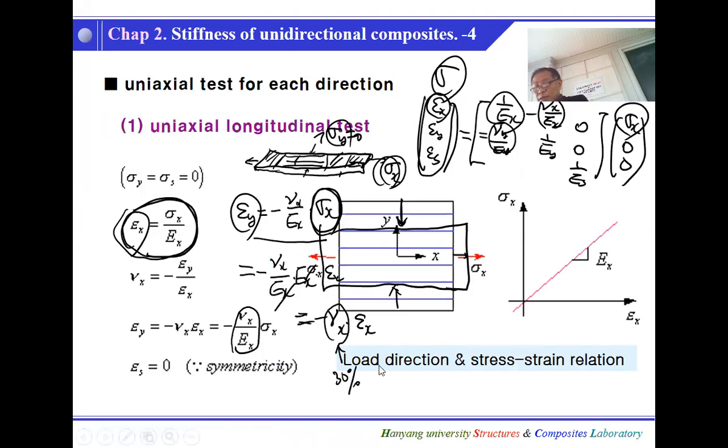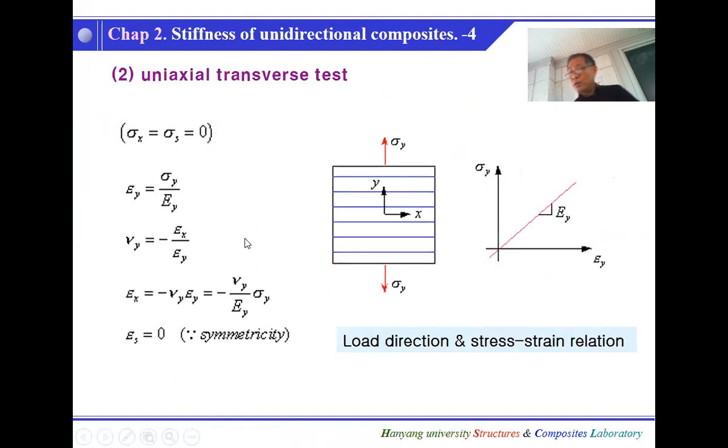Okay, so this is the material property we measure. Now, the other one is the transverse direction. And now here we apply the sigma y, okay, sigma y, which means that we apply sigma x equal 0. Of course, the shear stress is also 0.